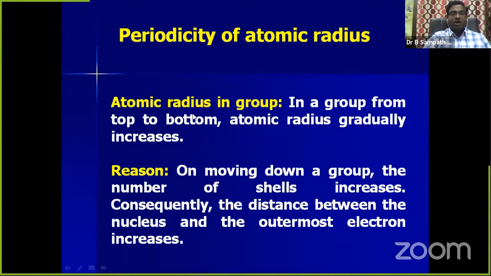Like that, from top to bottom in a group, the number of shells increases. So what is atomic radius? The distance between the center of the nucleus and the outer electrons. When the number of shells increases, automatically the atomic radius increases. That's why on moving down in a group, the number of shells increases and consequently the distance between the nucleus and the outermost electrons increases.